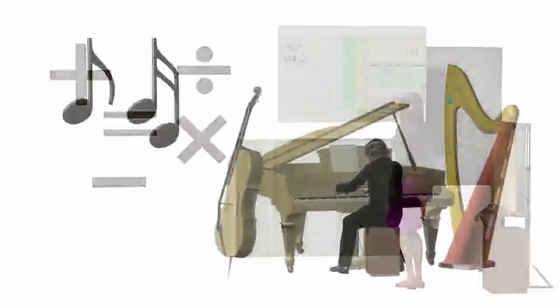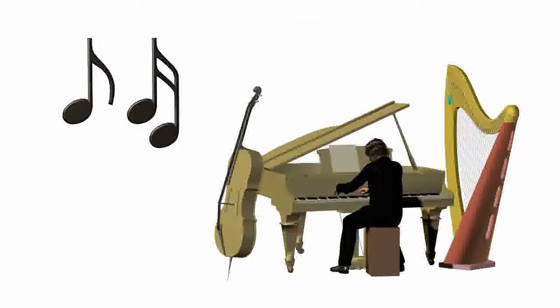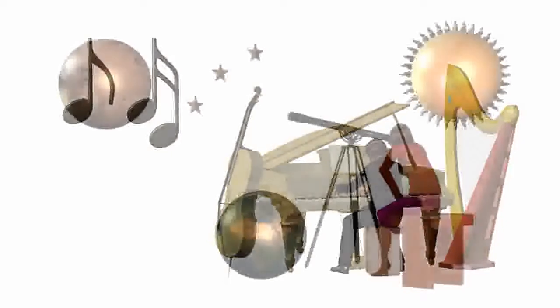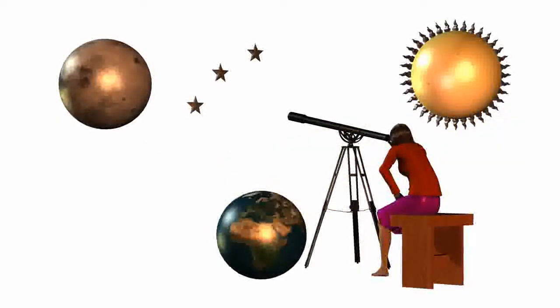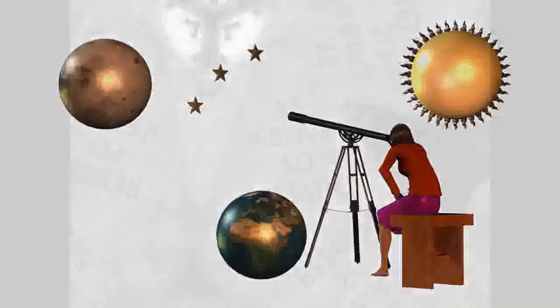And from arithmetic, we can then use that to examine music. And from music, we can then look up, and we can examine astronomy. And that's the beauty of these systems. And that's one of the underlying points of as above, so below, and the quadrivium.